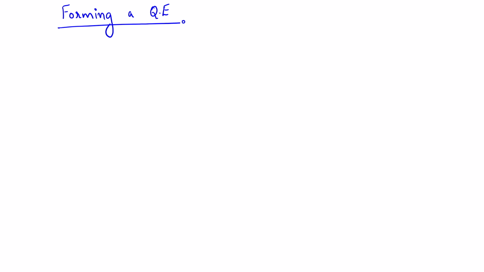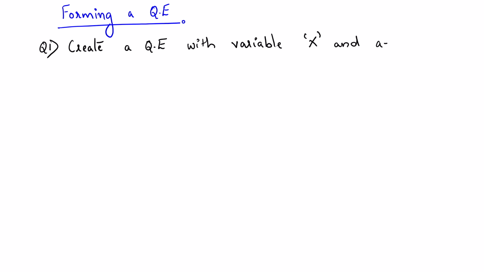Let's form a quadratic equation. For this, let's consider some questions. Question number 1 is, create a quadratic equation with variable x and a equal to 1, b equal to 2, c equal to 3.